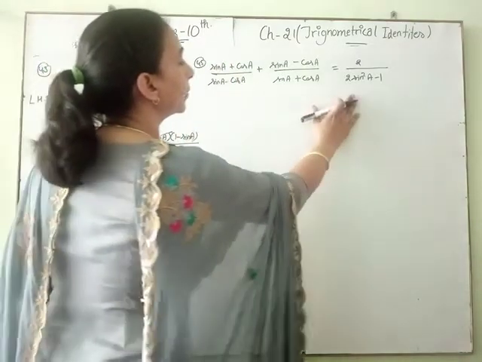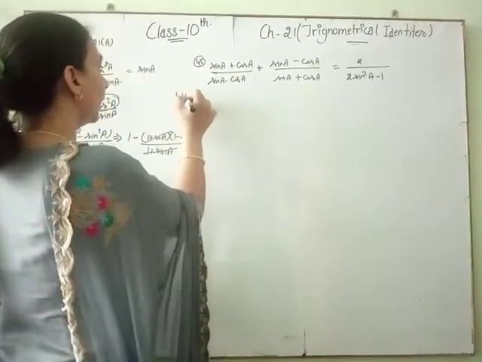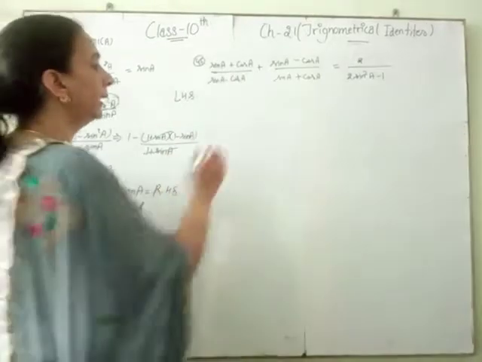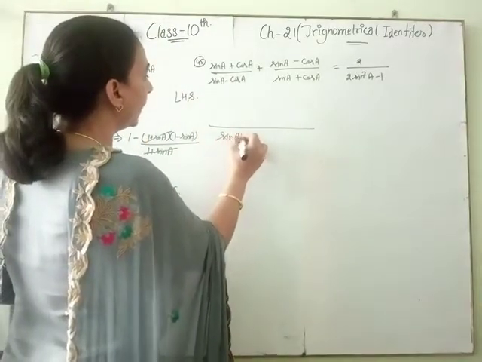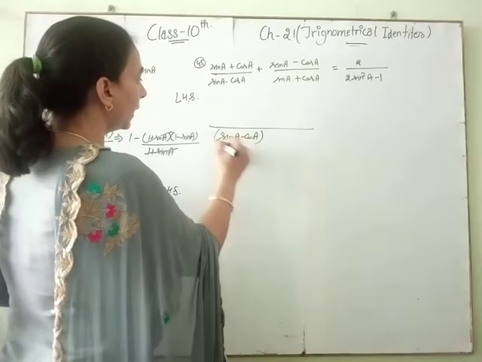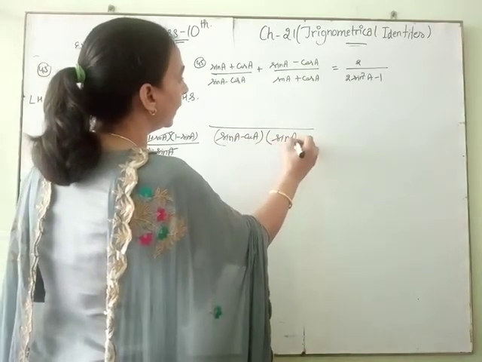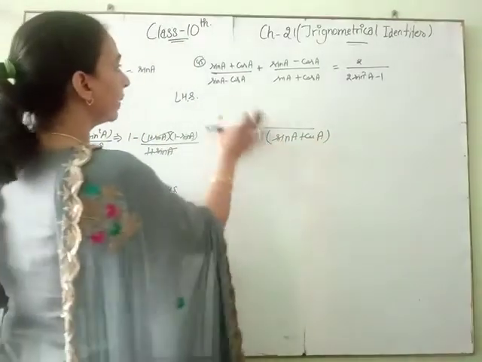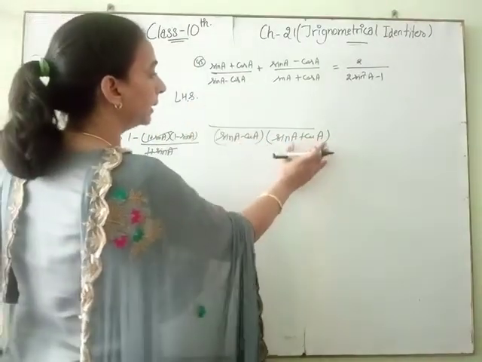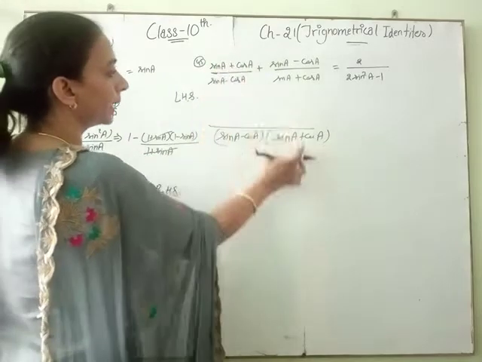This plus this equals this. First I take the left hand side. First is the LCM. LCM is sin A minus cos A and sin A plus cos A. This divided by this cancels, only this multiplies with this, and these are the same.